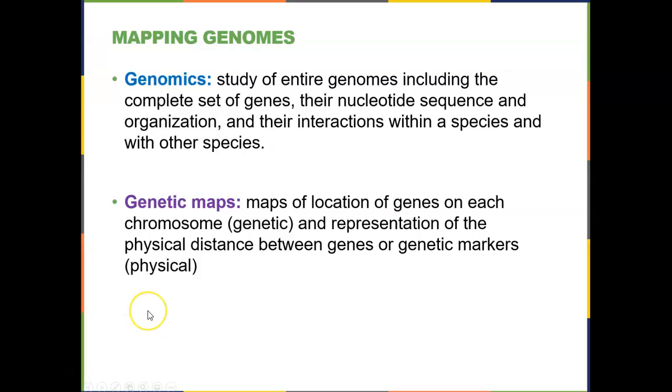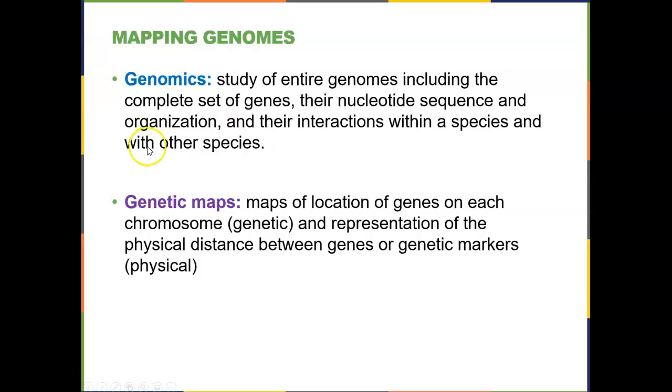The next section of the chapter talks about mapping genomes, and it's important to remember that we have introduced some of this information before. So genomics is when we study an entire genome, so all the genes, all their nucleotide sequences, and the interactions. So this is everything about a set of DNA in a particular species.